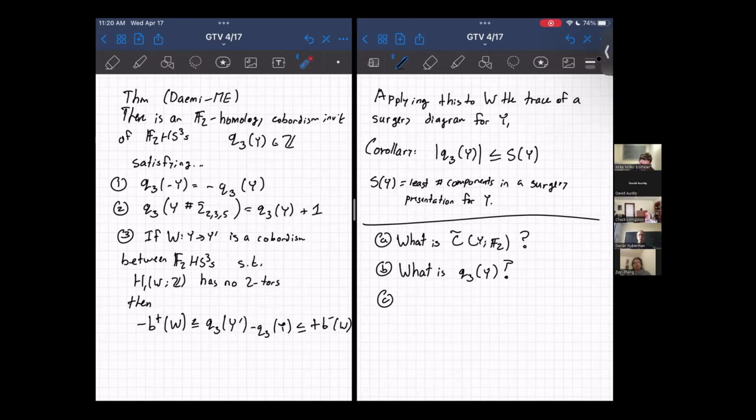And lastly, I want to describe the circle of ideas that goes into proving that inequality in a little more depth than I have otherwise in other places.